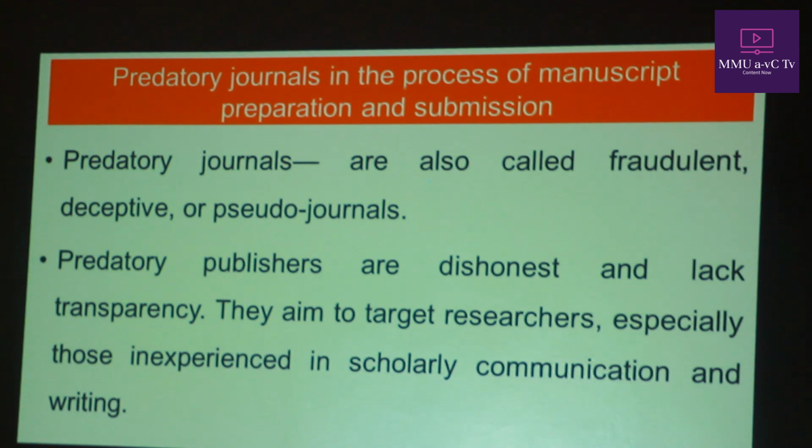Predatory publishers are dishonest and they lack transparency. They target researchers, especially inexperienced, junior, novice researchers who are not aware of the process of publication and who cannot distinguish between a genuine journal and a fake journal.